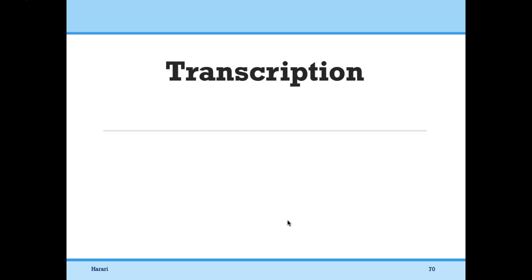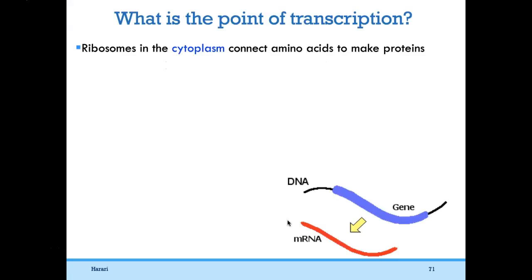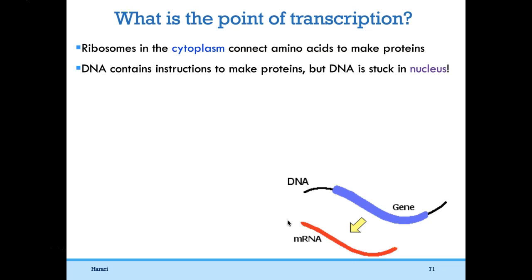So now let's talk about transcription in more detail. So, what's the point of transcription? We said already that ribosomes in the cytoplasm or on the endoplasmic reticulum make proteins. Ribosomes connect amino acids to make proteins. DNA has the instructions to make those proteins, but DNA is stuck in the nucleus.